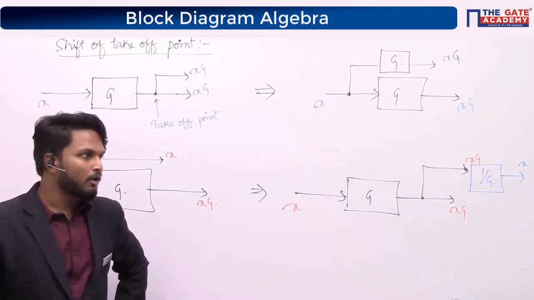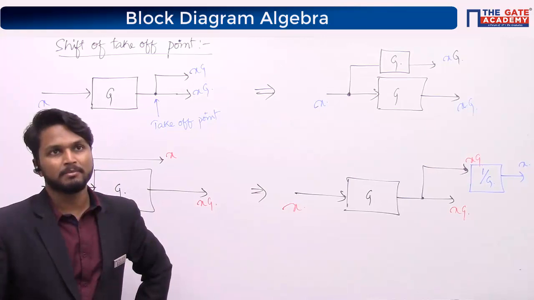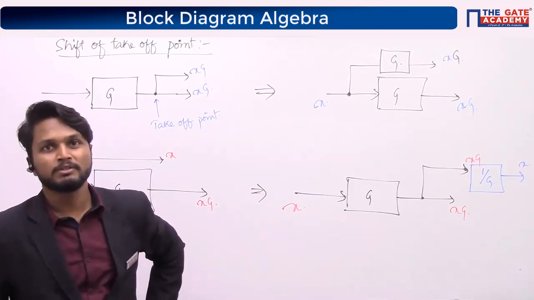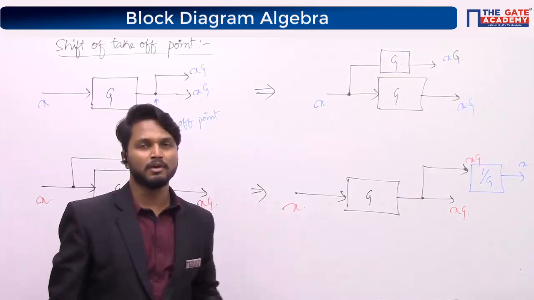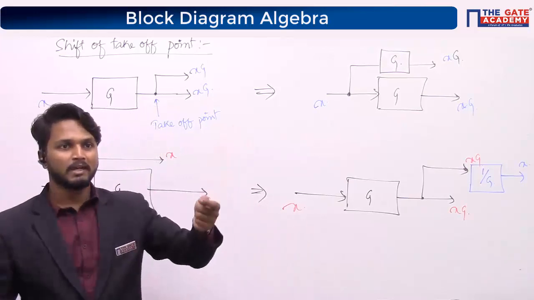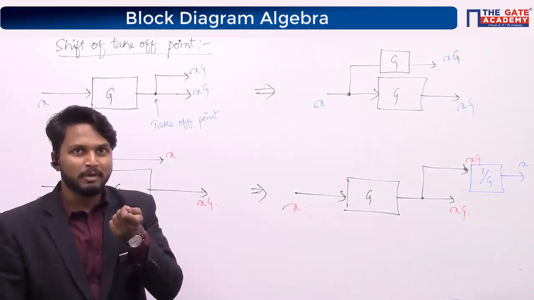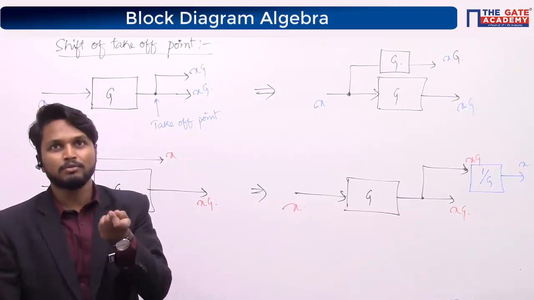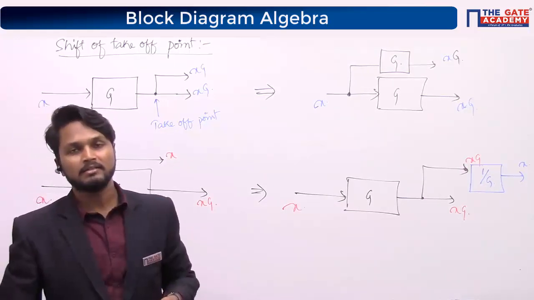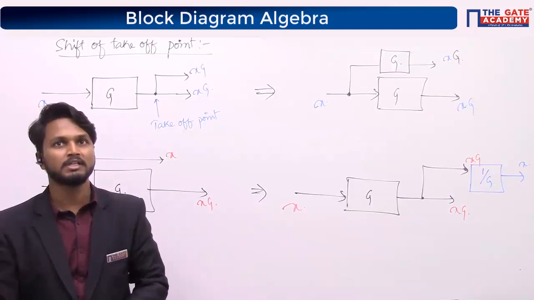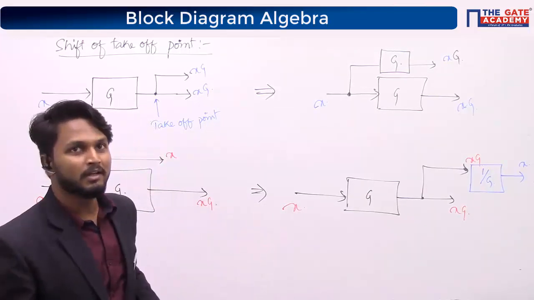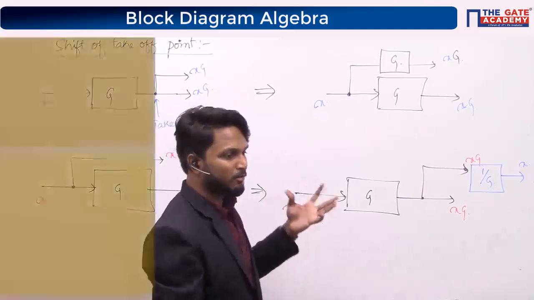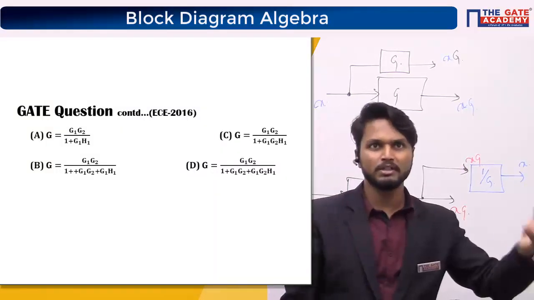Of course, you can solve this particular problem using signal flow graphs also. But why use signal flow graphs? Whenever a problem can be solved by a needle, why do you use a sword for that? Signal flow graph is a complicated technique and we don't need to use it here.